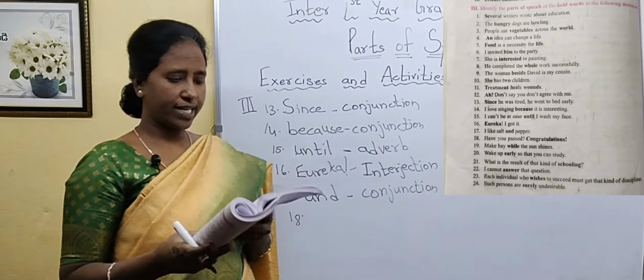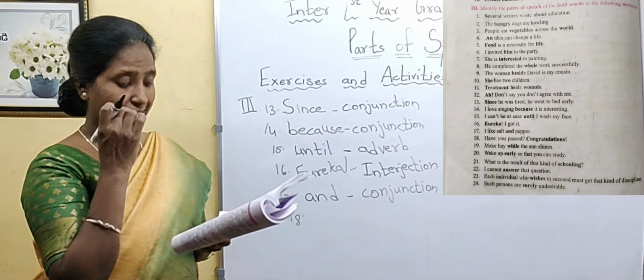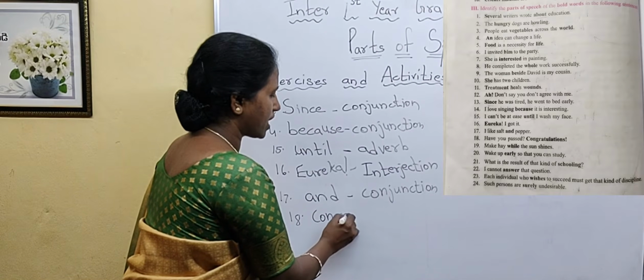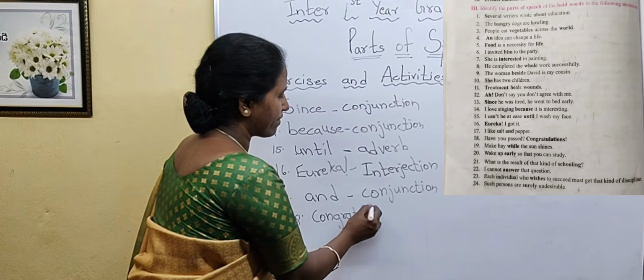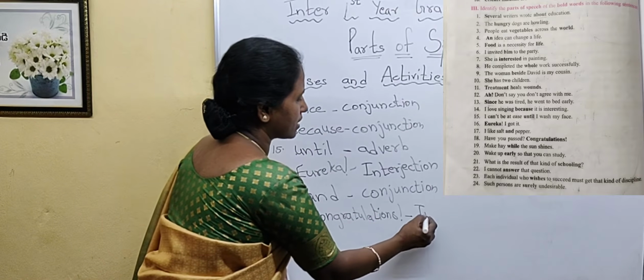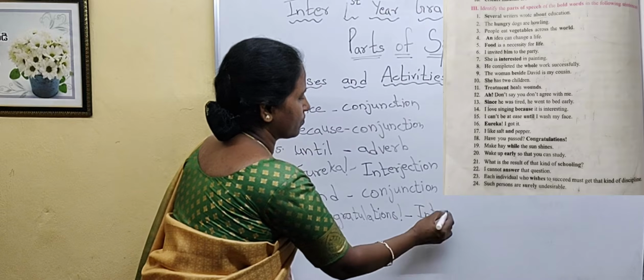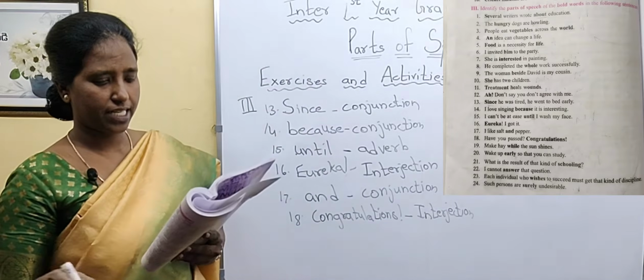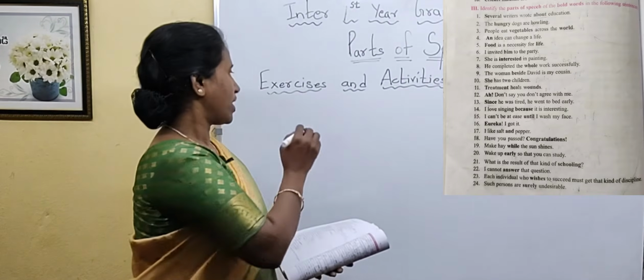On to the next one. Have you passed? Congratulations. Immediately after congratulations you have the exclamatory mark. So it is an interjection. On to the 19th one.